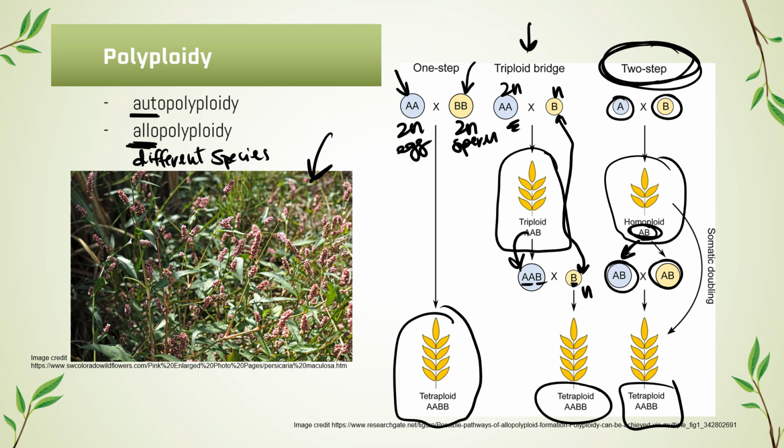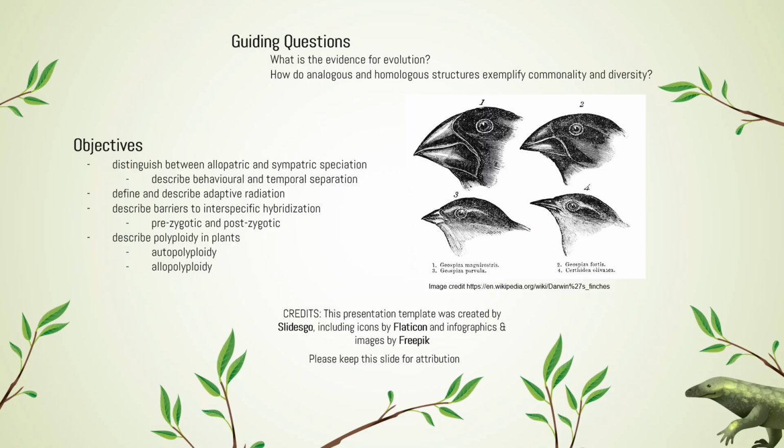Super interesting polyploidy. And on that note, my friends, we have accomplished all of our objectives. We talked about allopatric speciation, different homeland. We talked about sympatric speciation, same homeland. We talked about behavioral and temporal separation that will allow for the reproductive isolation required for sympatric speciation.